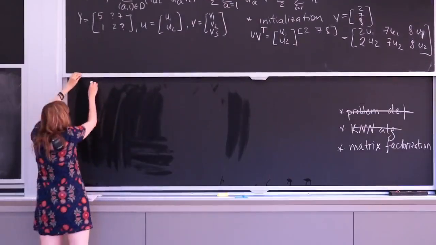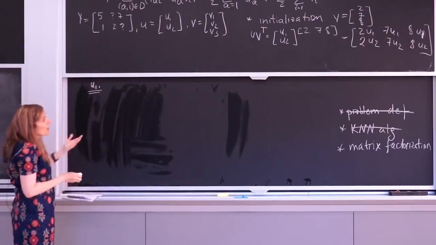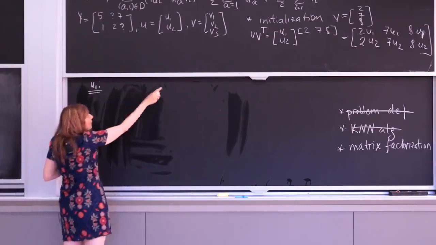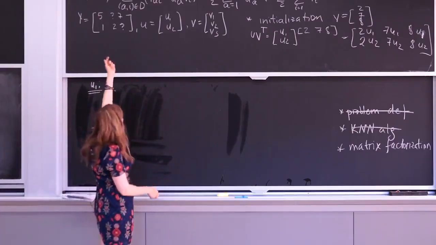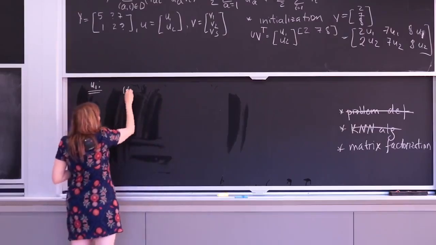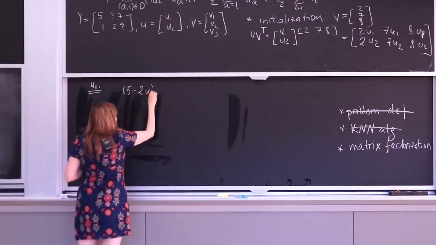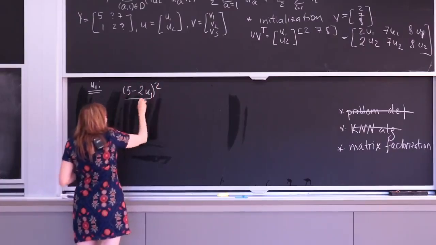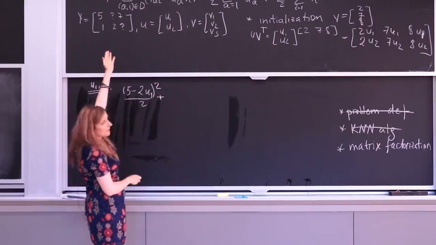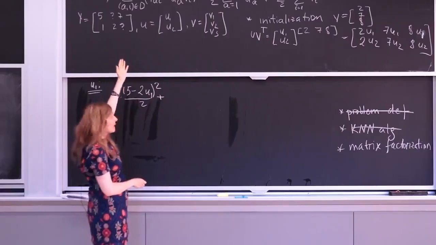So for user u1, whatever we're going to write would relate to user u1. The first thing that we want to do, as I said earlier, is make sure that the observed rankings are close to estimated rankings. So we will do (5 minus 2u1) squared divided by 2, plus, we don't have any estimate for the second movie for this user, so we can immediately move to the third movie.